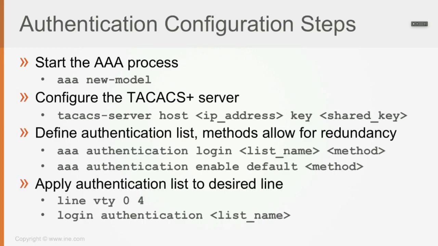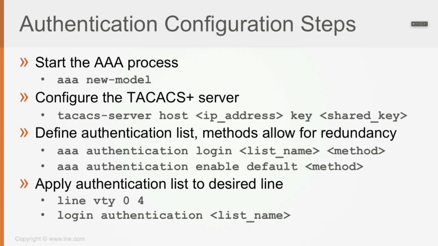So once I have defined the new model, I have the option to define a TACACS or RADIUS server, and then I go ahead and configure the authentication. As we said before, we have 2 types of authentication, login and enable. The commands are aaa authentication login or enable.